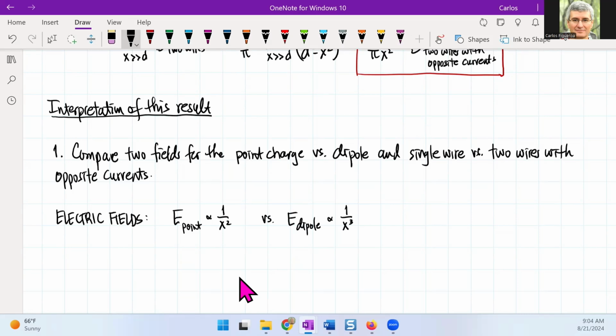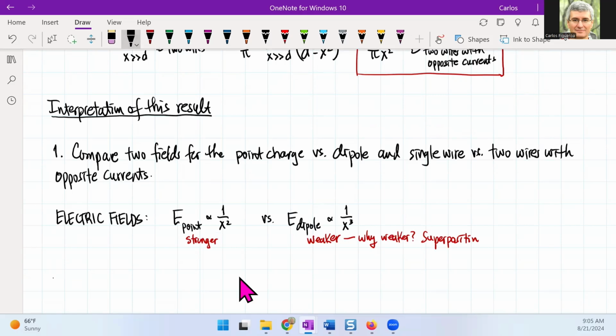So we can clearly see that right here, this is a stronger field. This is a weaker field. So the question is, why weaker? It's because of superposition. What did superposition do? Well, it reduces the field at that point.